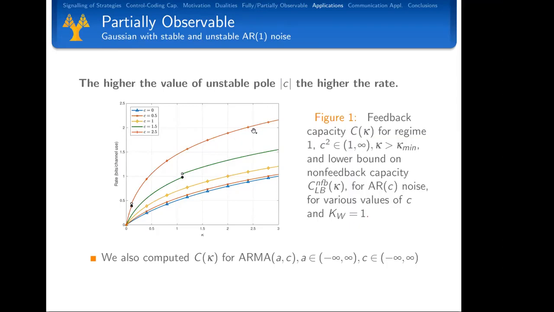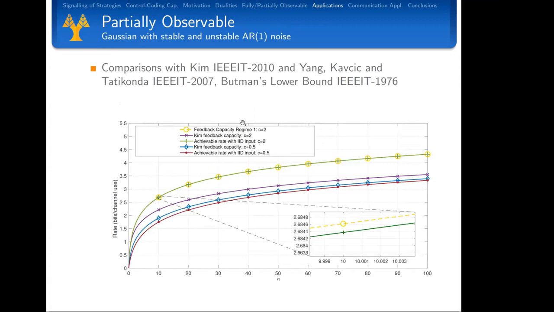Now, I have another curve, which is a little bit contradicting some of the other work that people have done. I compare what we got in this specific application with AR1 noise to Kim's 2010 IT paper. Yang, Kavcic, and Tatikonda did something in 2007 that Kim revisited, and then Butman's lower bound, where he applied a linear coding scheme to find a lower bound, was shown by Kim to actually be the feedback capacity.